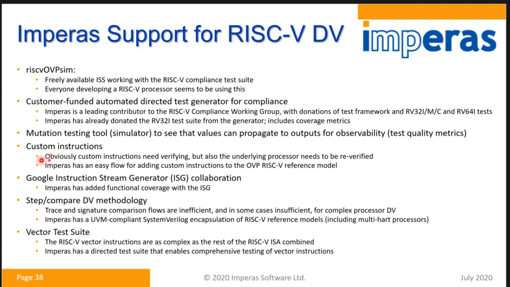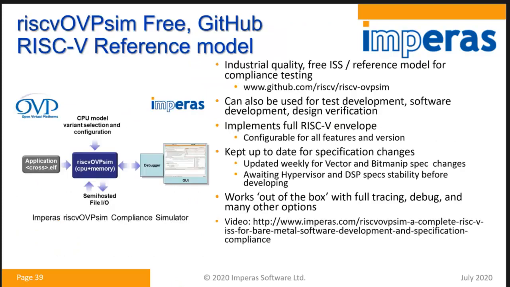We have the ability, as I just showed, to add custom instructions. We work with other companies like Google, who have an instruction stream generator for generating RISC-V instructions for verification. We have a step and compare methodology, which allows you to verify in a SystemVerilog environment.